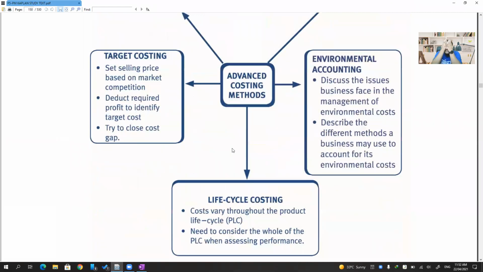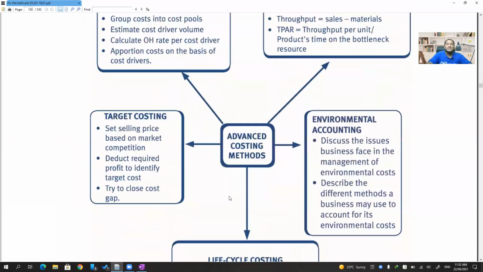For your kind information, I never teach environmental costing to any batch, not fast track batches or anything. I don't teach it for regular batches only. Just to give you a glimpse of what we are going to discuss in environmental costing, I'll just give you a glimpse of it.